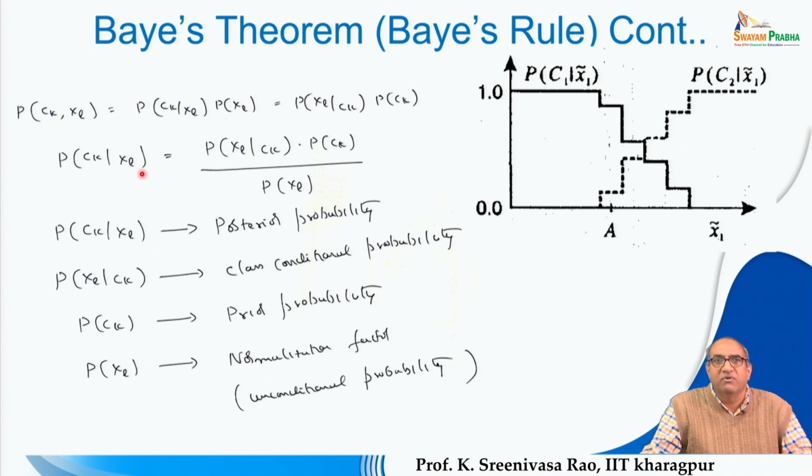Therefore, when you estimate the posterior probability, you need not bother about the probability of XL, because it is a common divisor for all the posterior probabilities. We need not bother about how to estimate it or what its impact is on the posterior probability, because it remains the same across all the posterior probabilities.